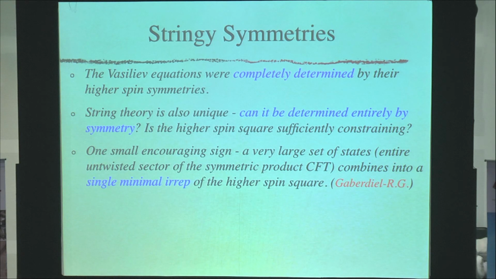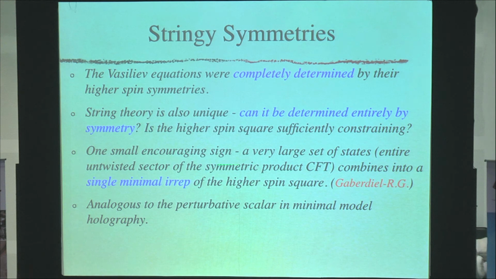One small encouraging sign we've seen recently is that a very large set of states of the full string spectrum, now I'm talking of the massive string spectrum, combines into a single minimal representation of this higher spin square, of the full stringy symmetry. So for the string theorists, it's the entire untwisted sector of the symmetric product CFT.